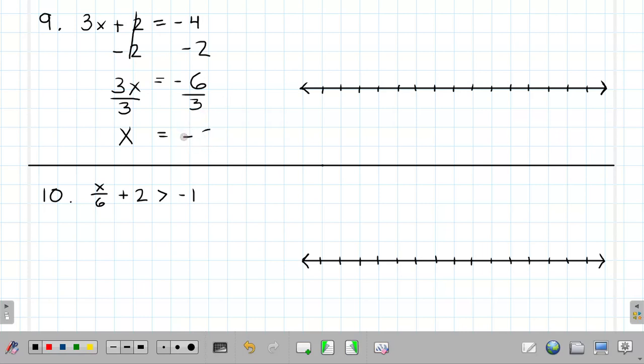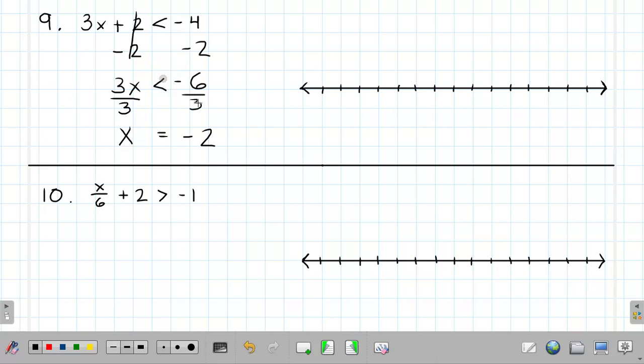But I do want to point out something big here. This isn't an equation. This is an inequality. So what you could do is go through here and say, okay, that's not an equal sign. What was that? That was a less than sign. Here, I've subtracted 2, so this is still going to be a less than sign.